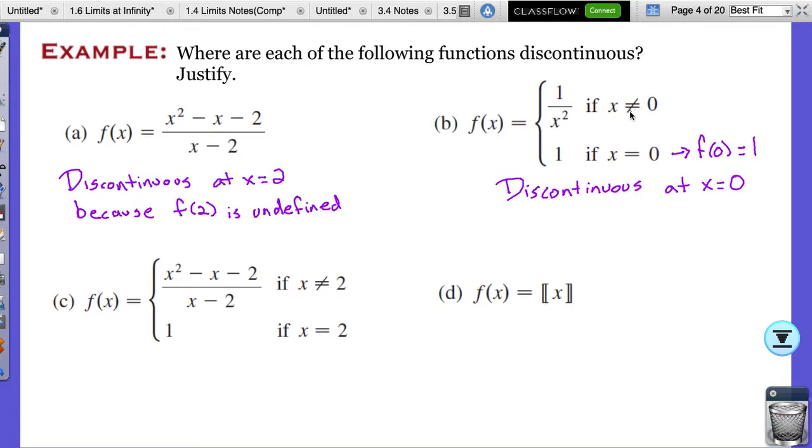But when I'm looking for the limit, I'm looking around 0, which would be the top part, and that does not exist. It's going to infinity. So this one's discontinuous at x equals 0 because the limit of f of x as x approaches 0 you could either write infinity or does not exist.